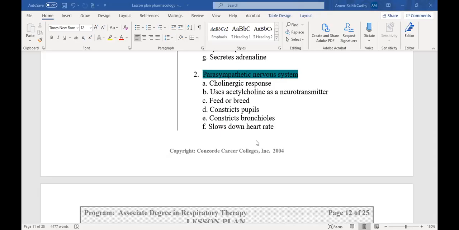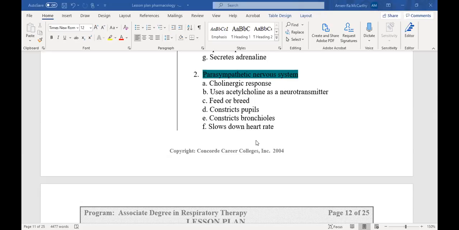Contract your colon. No, my colon is already contracted if I'm having a cholinergic response. Somebody else? Blocks the stimulation. Yes, blocks the stimulation. I want something that's going to block the cholinergic response, right? I want an antagonist to acetylcholine.